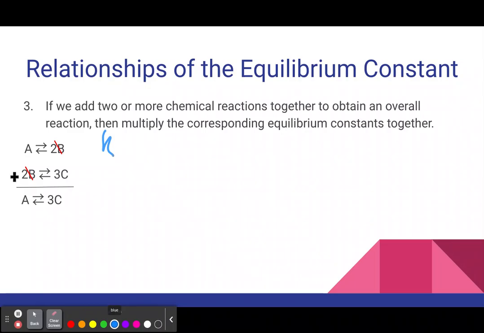So A is in equilibrium with 2B, K1 is equal to B squared over the concentration of A. And then I'm going to say K2, the second equation here, is equal to C cubed over the concentration of B squared.